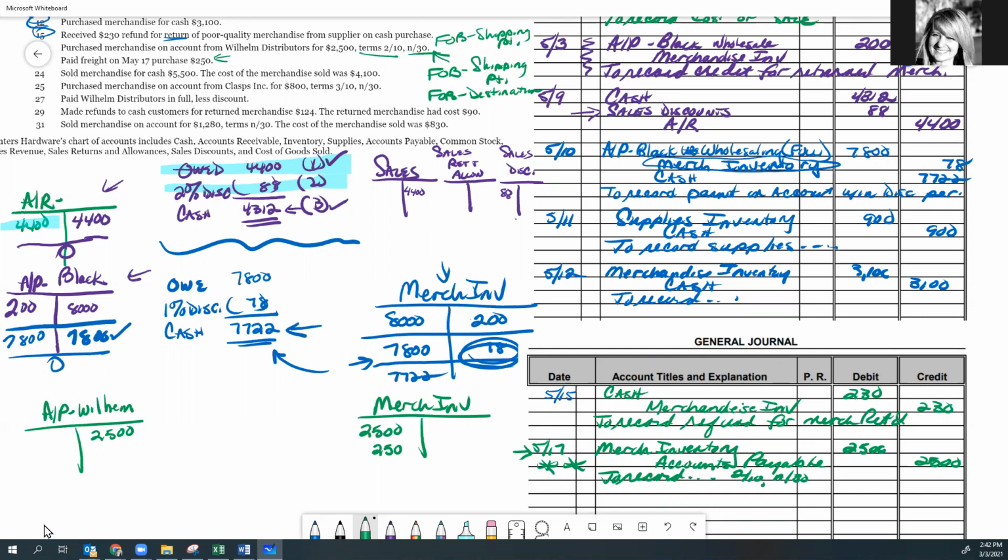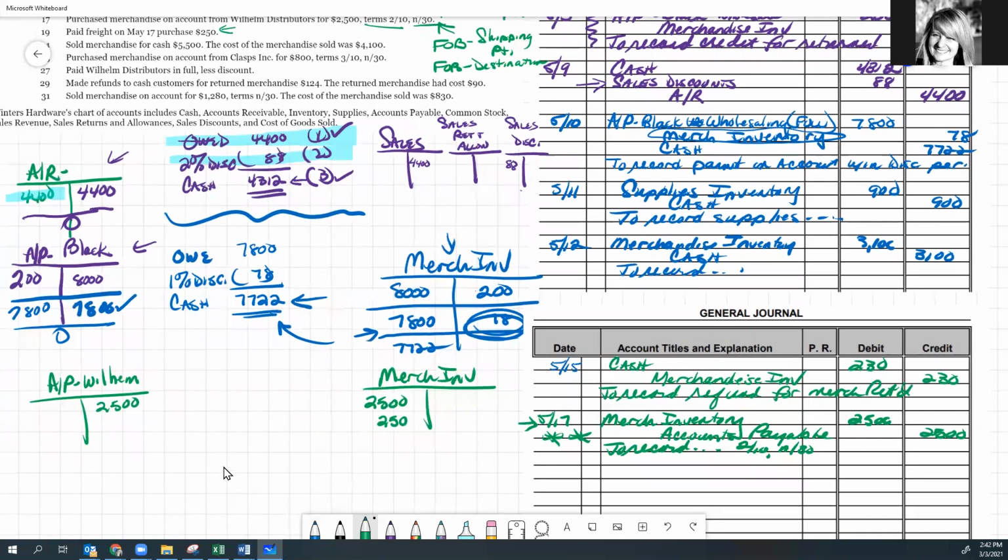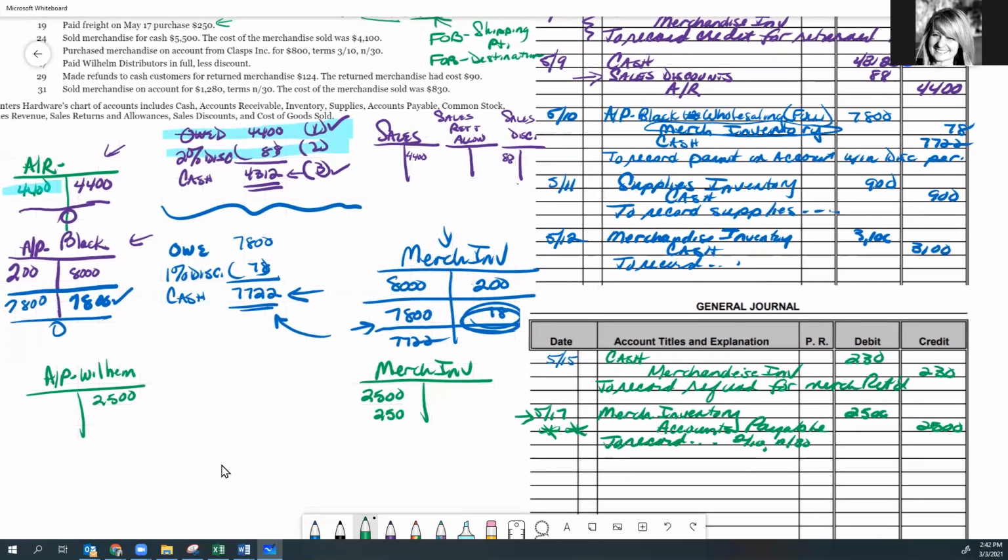So our journal entry here, let's see, did we pay it? Yep, we paid it in cash. Our journal entry here would be on 5/19 to debit our merchandise inventory and make it go up and include the cost of this freight in the cost of our inventory.